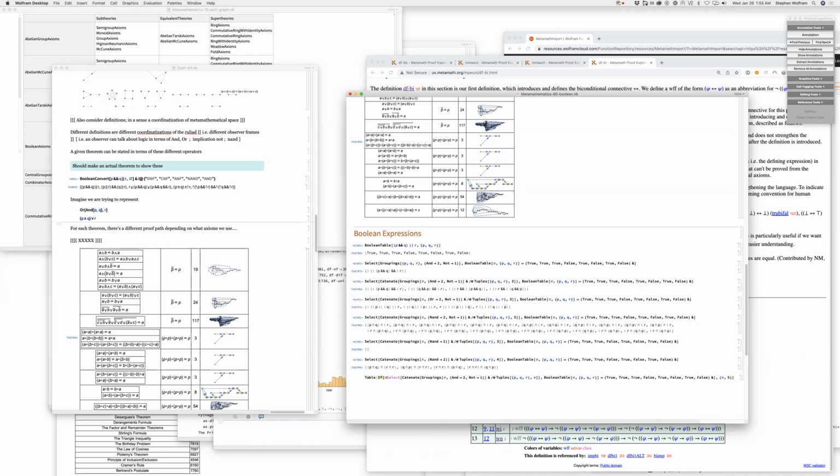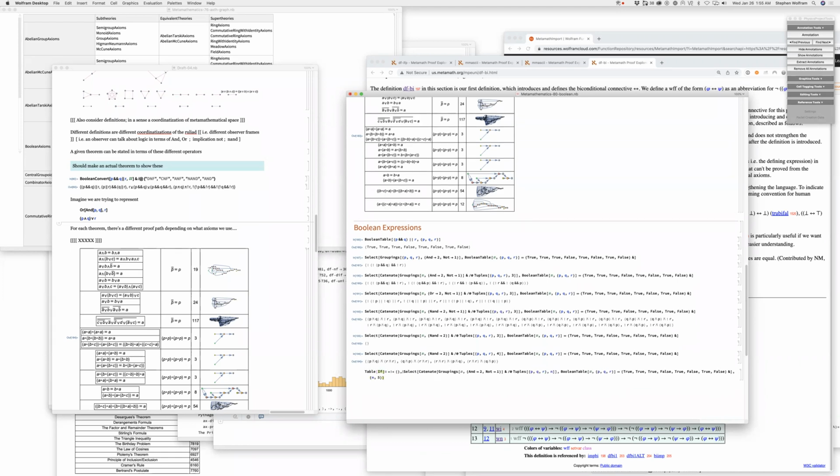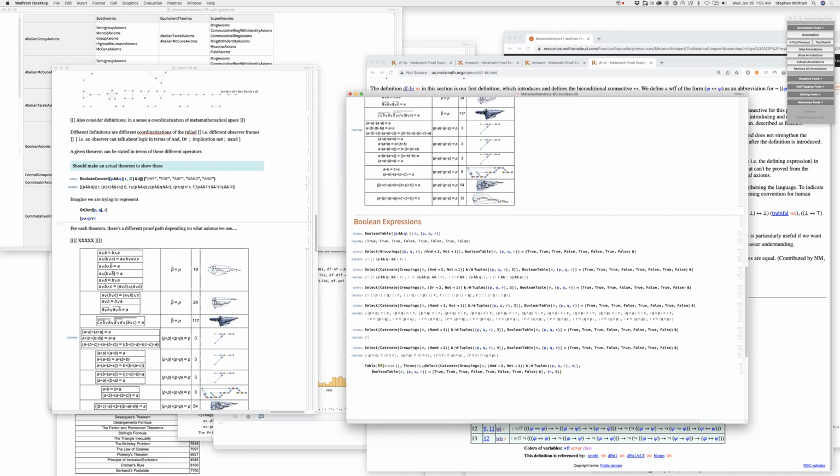If hash is not equal to nothing, then Throw hash. Otherwise hash, this is really ugly. Let me say Catch that. Actually, we could just do a Do here.